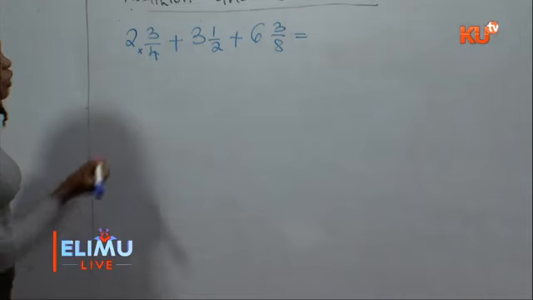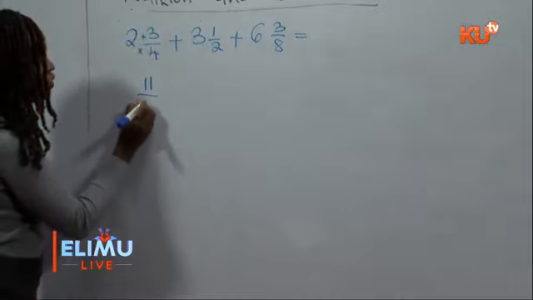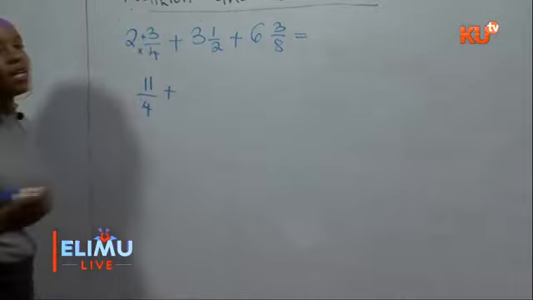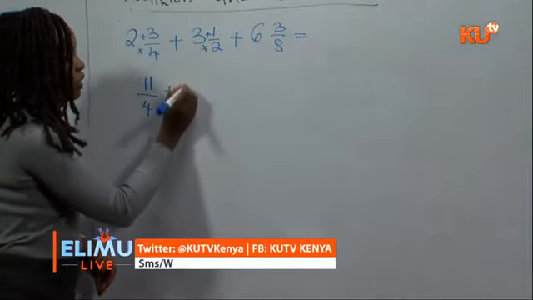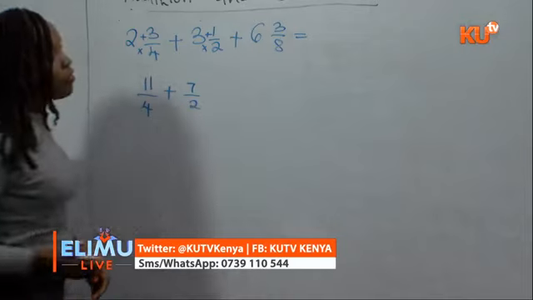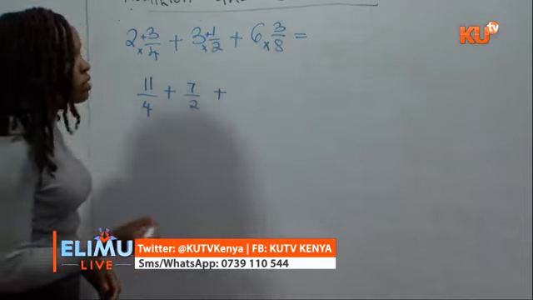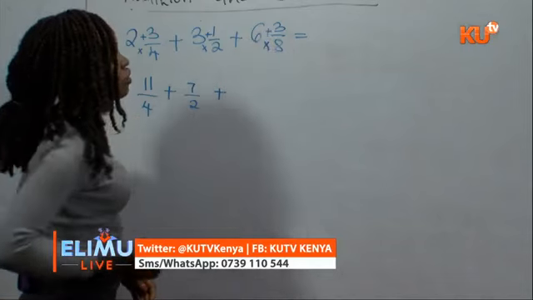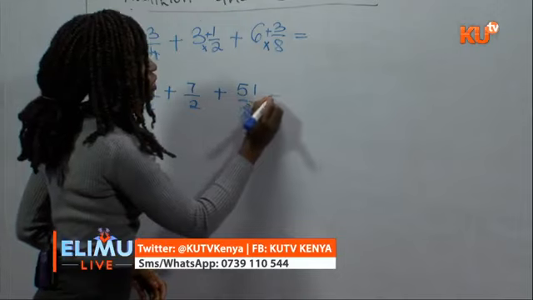2 times 4, we get 8. 8 plus 3, we get 11 over 4, plus 3 times 2 is 6, plus 1, we get 7 halves, plus 6 times 8 is 48, 48 plus 3, we get 51 over 8.